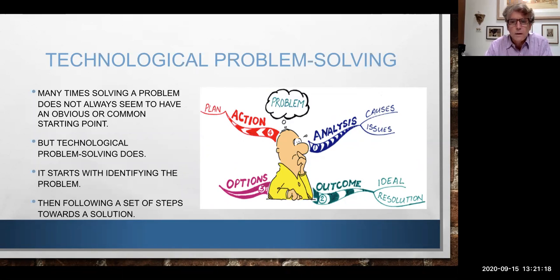That's what I was saying is the great thing about technological problem solving. You start with identifying the problem, and ideally it is an identifiable problem. Then you follow a set of steps towards a solution. There's planning, there's action, there's analysis, there's causes, there's issues, there's outcomes, there's ideal resolutions, there's options.